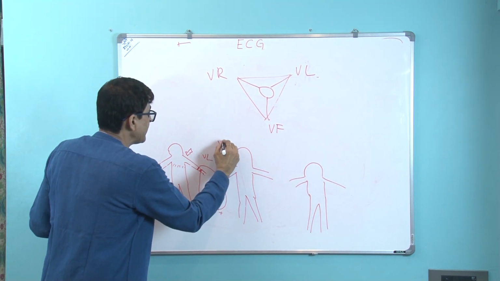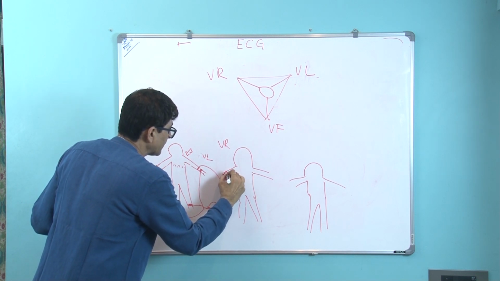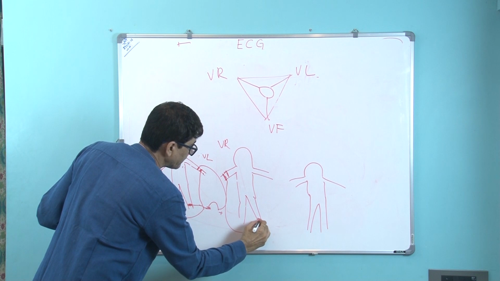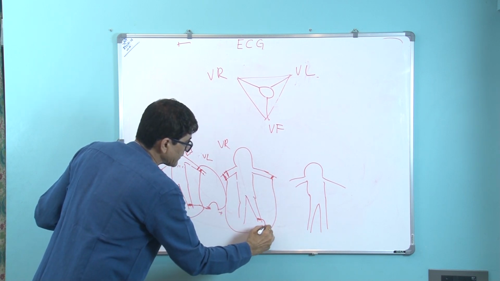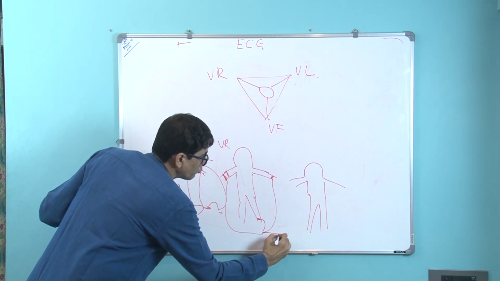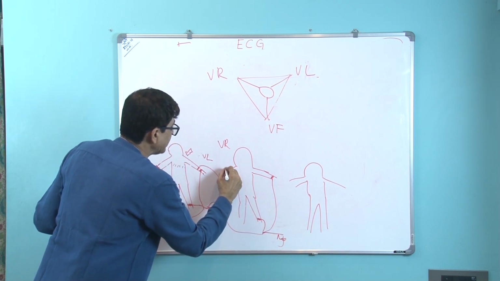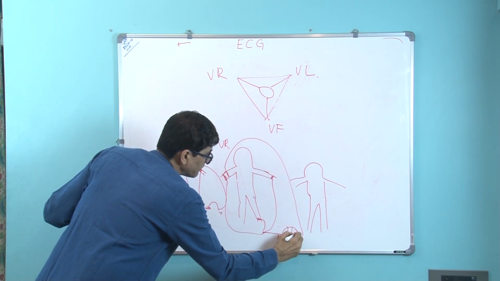Here what will happen? This is VR, so there will be 2, one to form a zero potential terminal or central terminal, and one will go to the negative pole and this will come to the positive pole of the galvanometer.